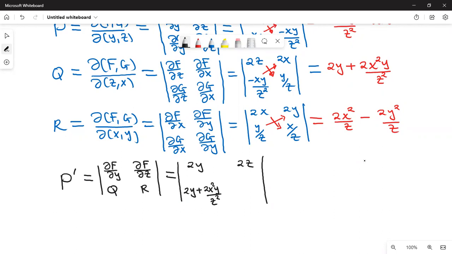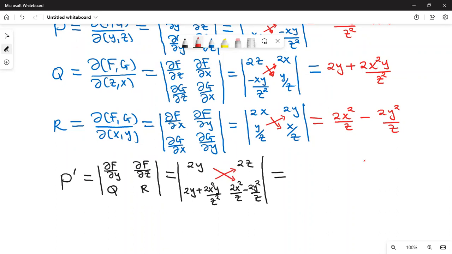Then r is the same as 2x squared over z minus 2y squared over z. So let us work out that determinant. I'll start by multiplying this, then the other product. So when you multiply, this is what you're going to get.